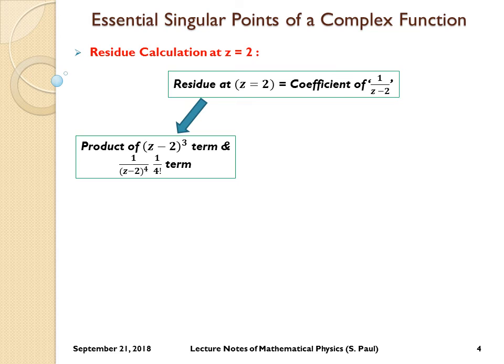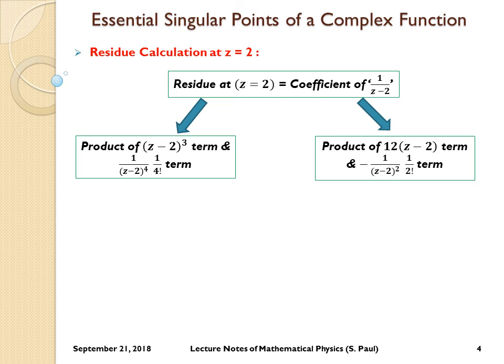First one, the product of the (z minus 2) whole cube term and the 1 by (z minus 2) to the power 4 into 1 by 4 factorial term. And the second combination from which we are getting 1 by z minus 2 is the product of the 12 into (z minus 2) term and the minus 1 by (z minus 2) whole square into 1 by 2 factorial term.